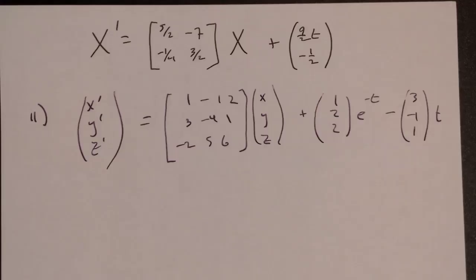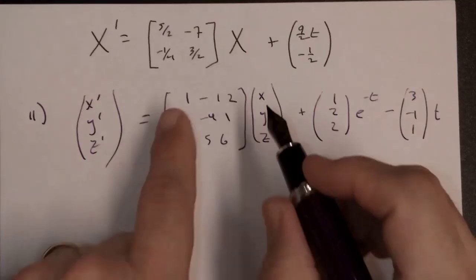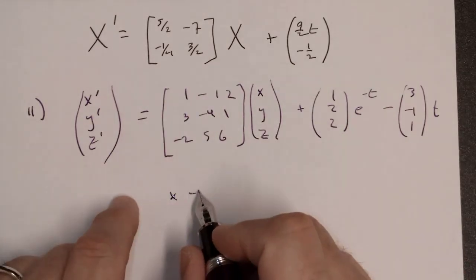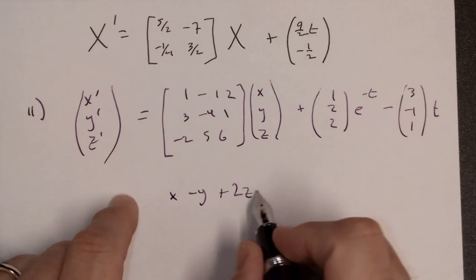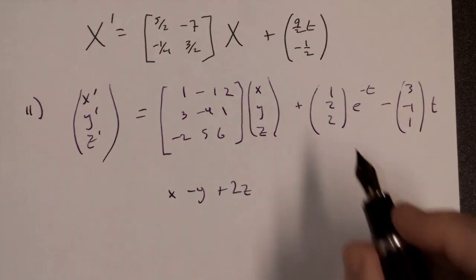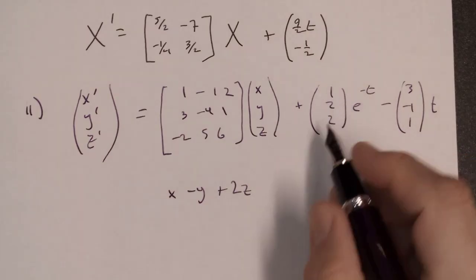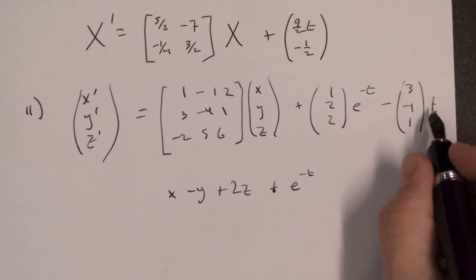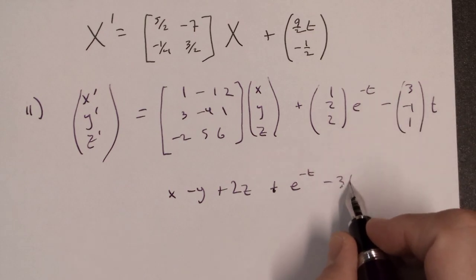Okay, so wait a minute. That means that the first equation takes the first row against this column, and I get x minus y plus 2z. Now I've got to deal with those other bits. So I multiply this, and I add 1 e to the minus t. And I multiply this and I get minus 3t.